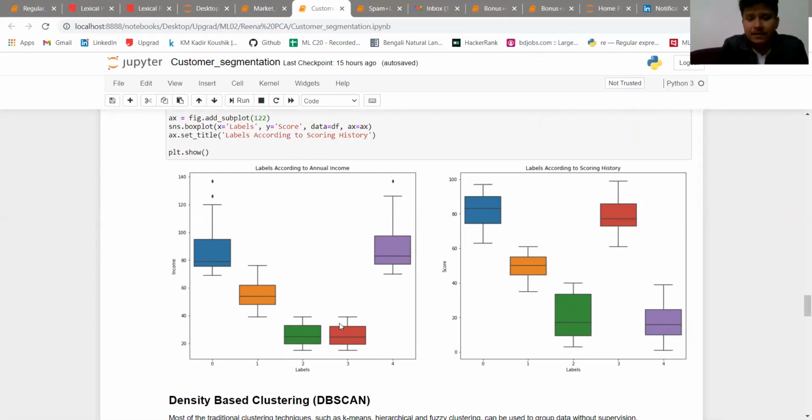But the red box shows customers who have low income but quite high spending behavior. In fact, their spending is quite equivalent to those customers with high income. On the other hand, this purple box shows that these customers have high income but spend quite less.